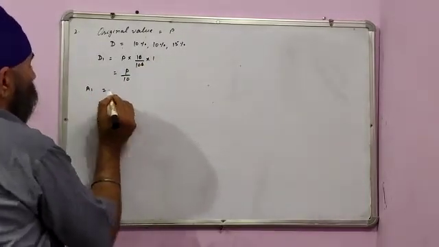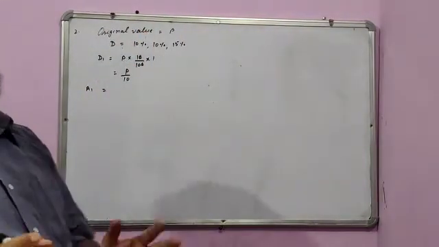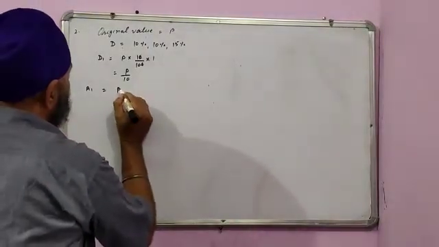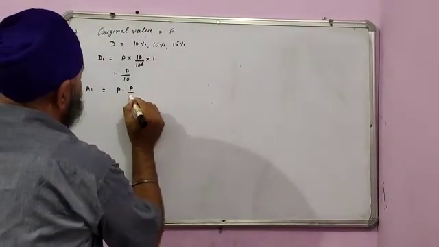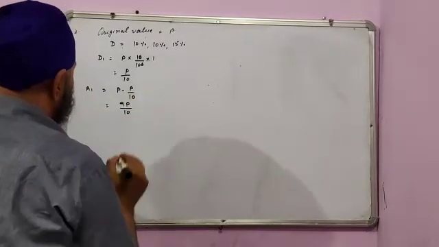Amount for first year is, because it is depreciation, so I have to subtract, because depreciation means decrease. So it is P minus P upon 10, that is 9P upon 10.